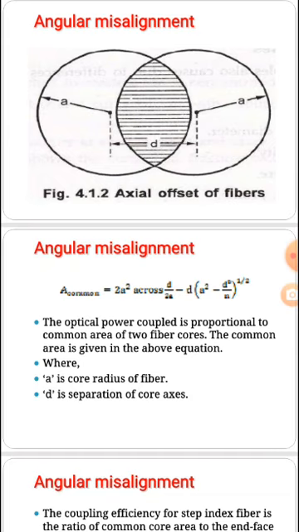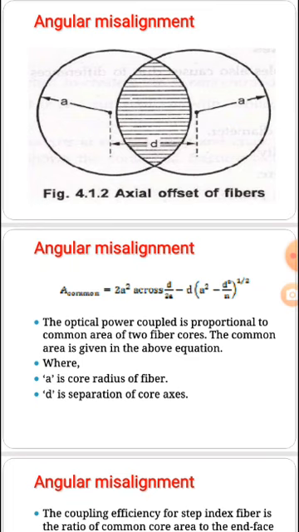That means the optical power coupled is proportional to the common area of the two fiber cores. The common area is given by this expression, and here A is the core radius of the fiber and D is the separation of the core axis. The important thing is that D, the separation of the core axis, must be changed here, that we have to alter, and that is clearly mentioned in the mathematical expression.